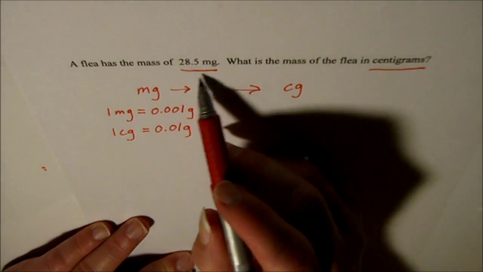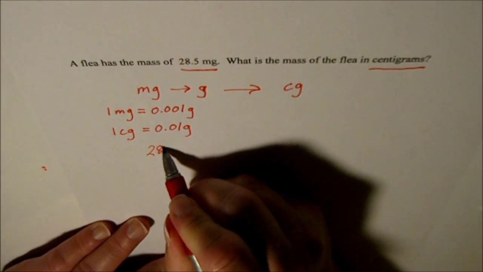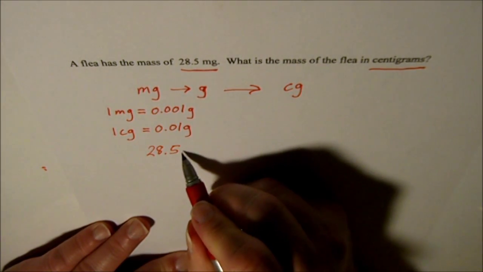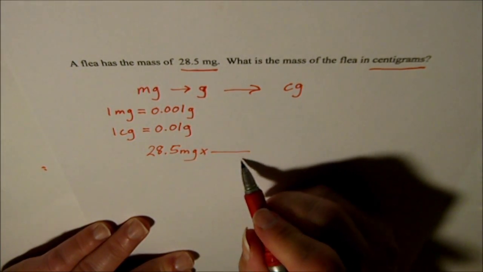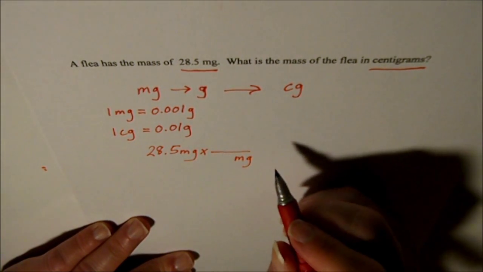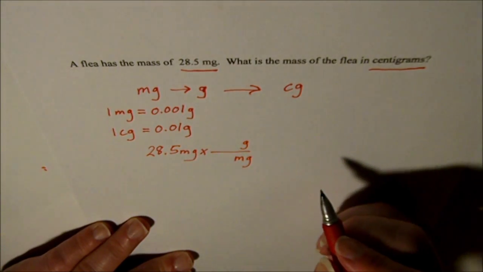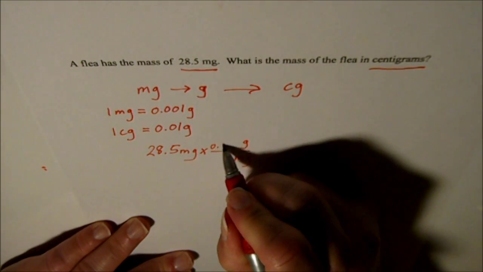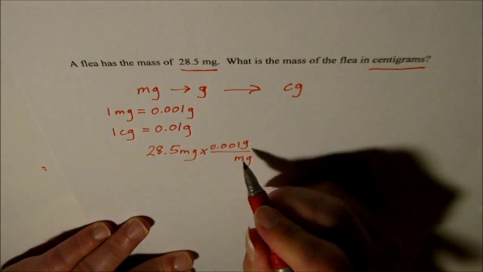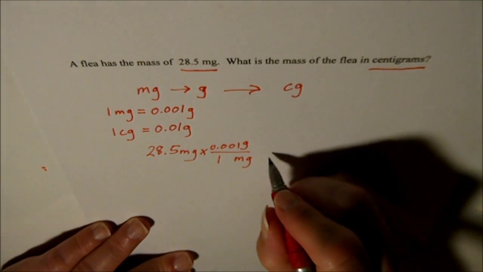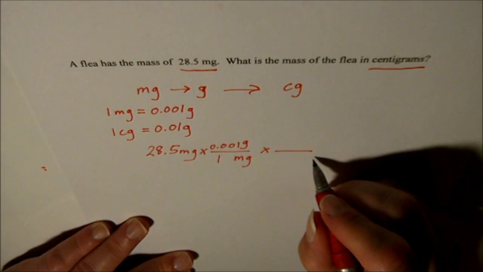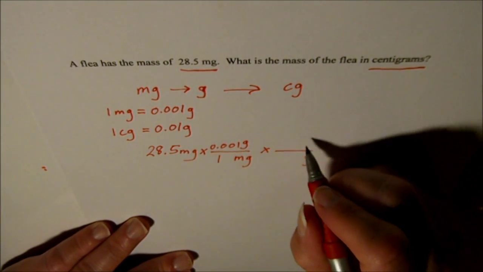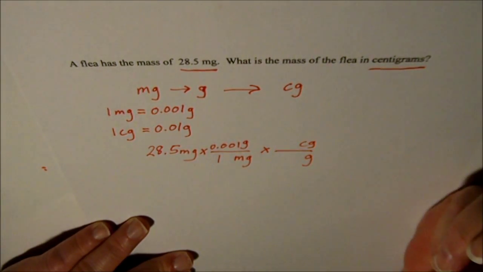Again, you start with your fact, 28.5 milligrams. Since milligrams is on top, you're going to put milligrams on the bottom and grams on top: 0.001 grams per 1 milligram. Okay? Since grams is on top, you put grams here and then centigrams here.